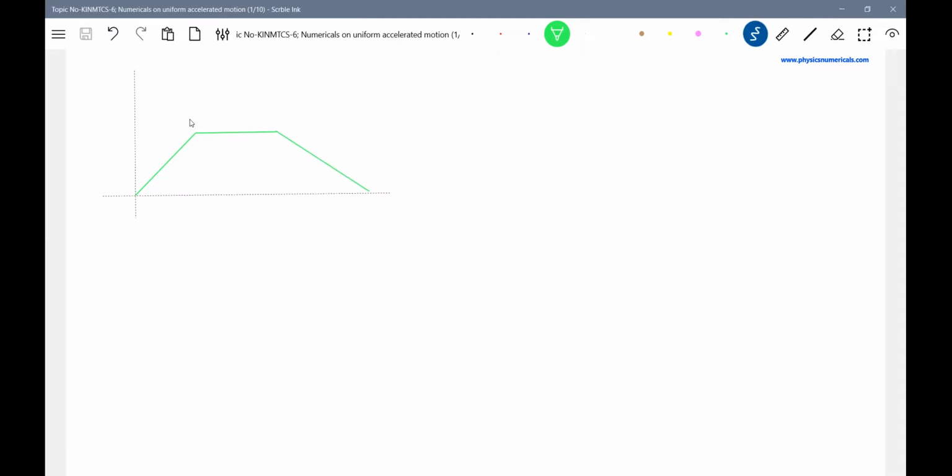This is a velocity versus time graph. Meter per second, there's the velocity. I'll write here also clearly. There's the velocity, and this will be the time in seconds. Let me take some other data.